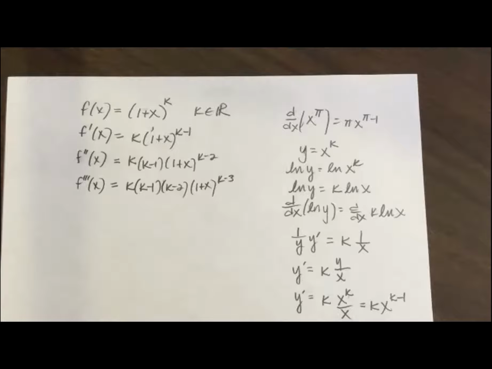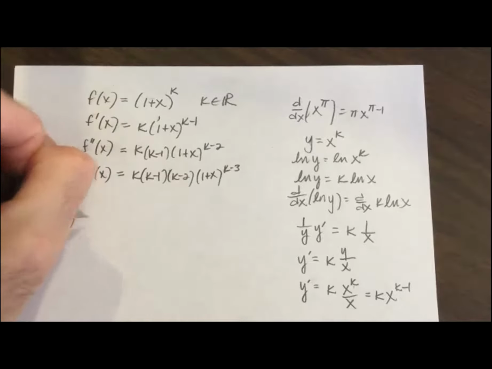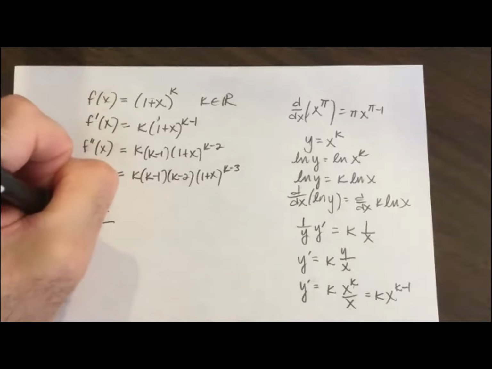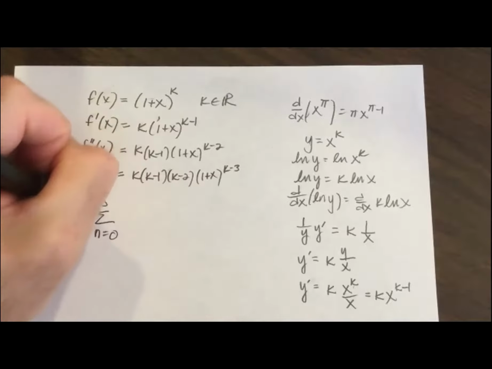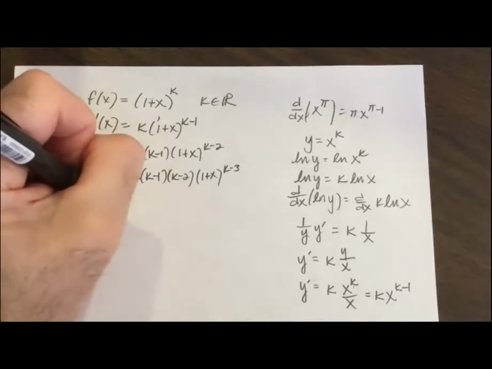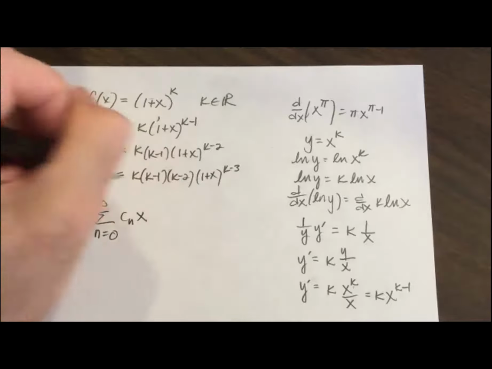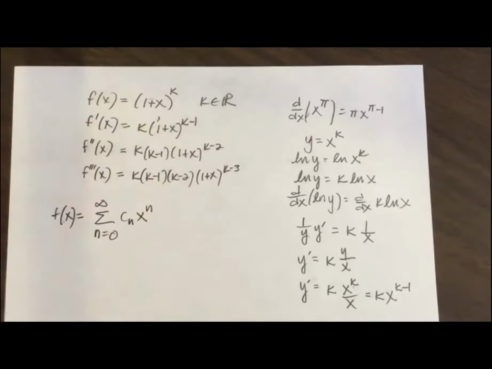Okay, so why did I take all this time to find these derivatives? Because our Maclaurin series is the sum, n equals 0 to infinity, of the constants times x to the power.